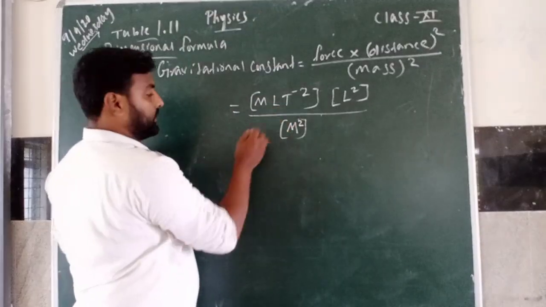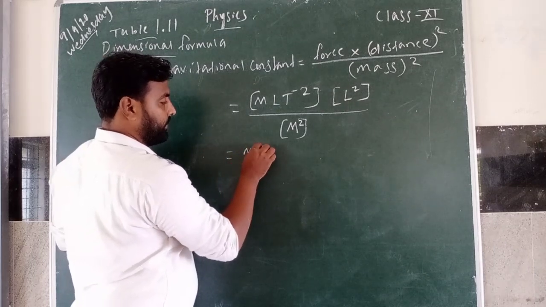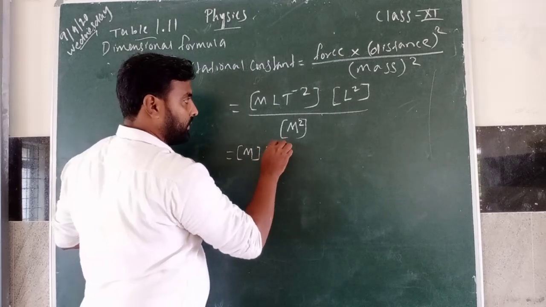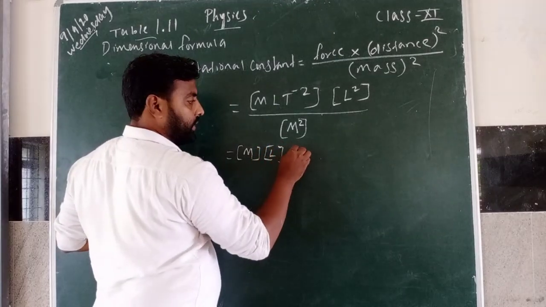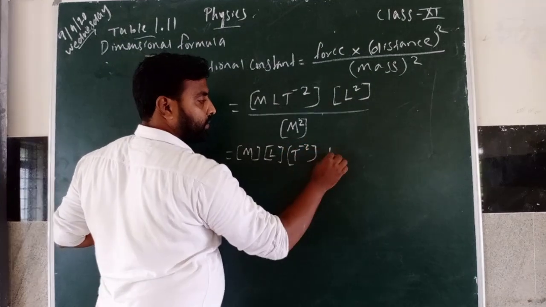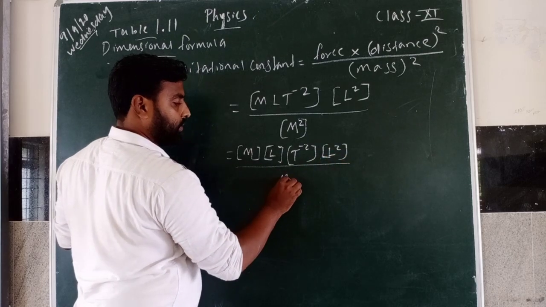Now, split this: M L T power minus 2, L square, divided by M square.